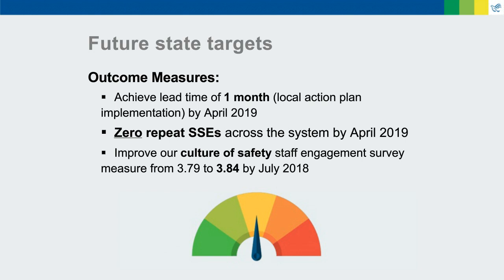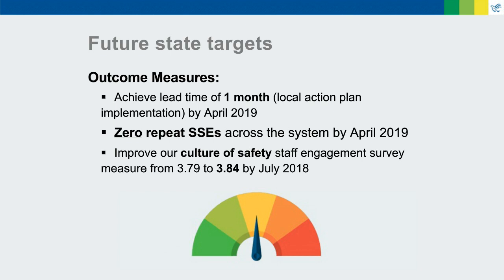We have not achieved this, but we're working on this very hard, with the thought that if we implemented and verified that what we implemented was working and then spread that across our system, we would decrease repeat events. We also had a target of improving our culture of safety, which we achieved by July 2018.